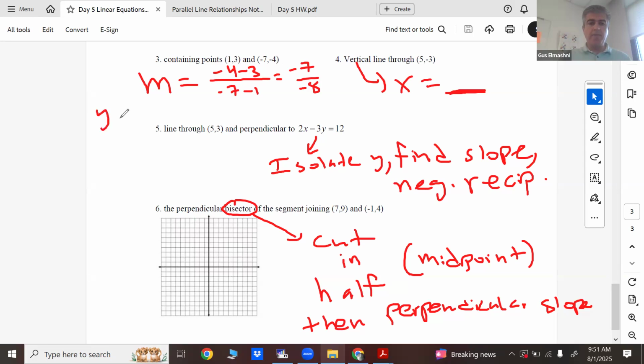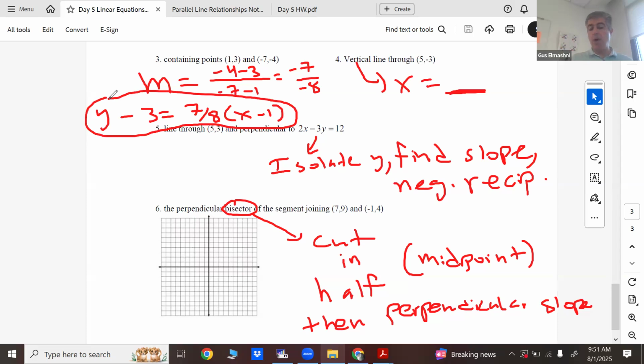So you're going to say y - 3 equals 7/8. By the way, you could have used the other point for x1, y1. You didn't have to use the first one. It wouldn't have mattered. That's x equals 5, because if you think about that one, 5 -3 is right here.